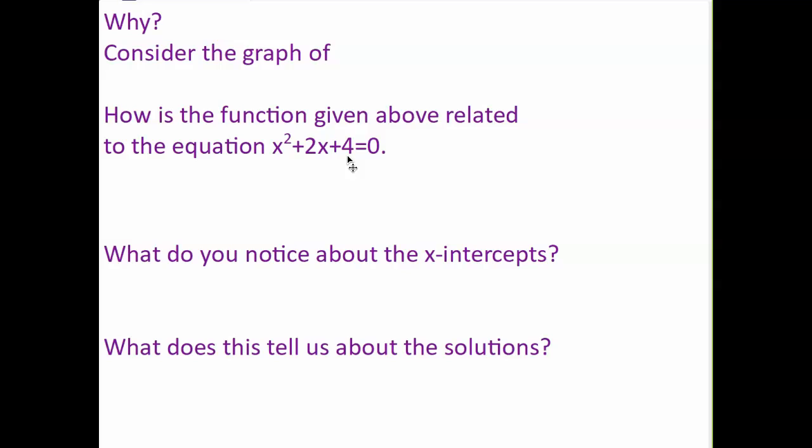To get x squared, I'd need x times x. Factors of 4 are 1 and 4, and 2 and 2. Are any of those going to fit in here somehow to get me to that number? No. So what do we call a problem like this that can't be factored? Prime.